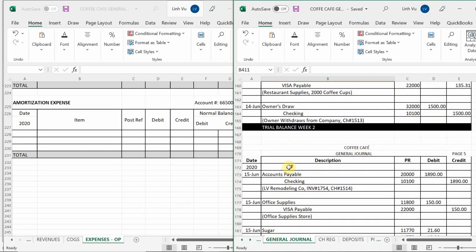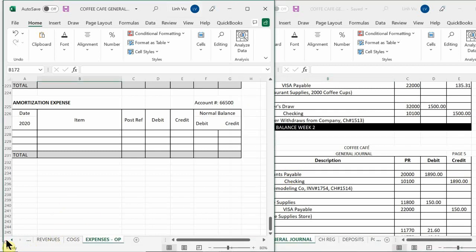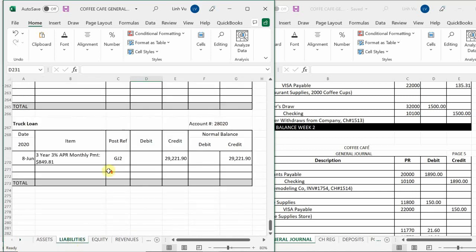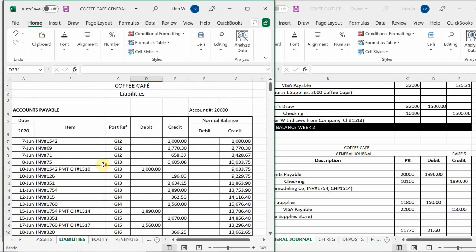So first thing that we did on the 15th was accounts payable.